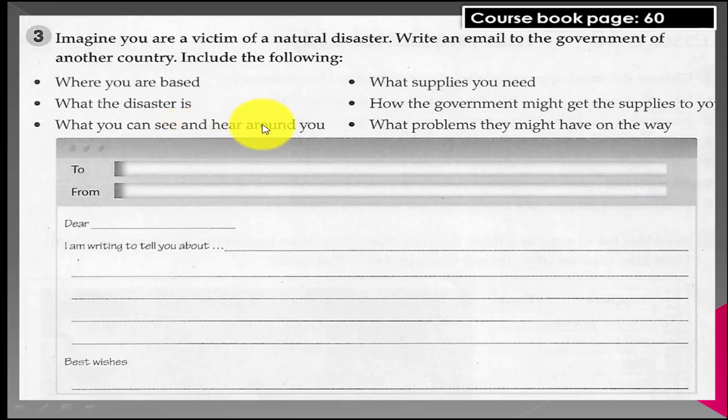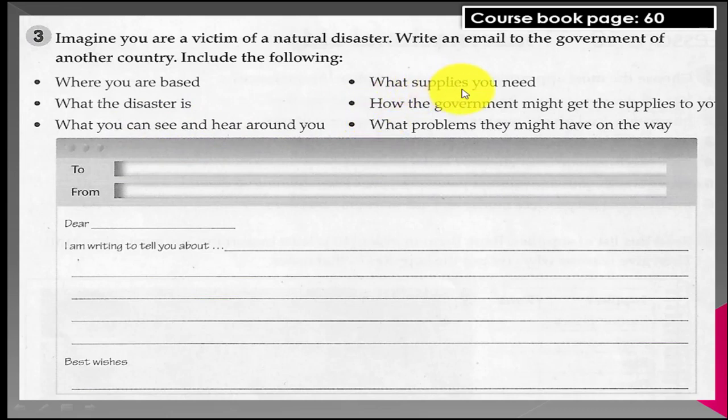You have to mention it in order to tell about the situation to the other country. In order to help you, you have to describe what you can see in order to tell them what you need. When you tell about the situation, they know what you need according to your description. So it's very important to describe what you can see or what is happening around you.